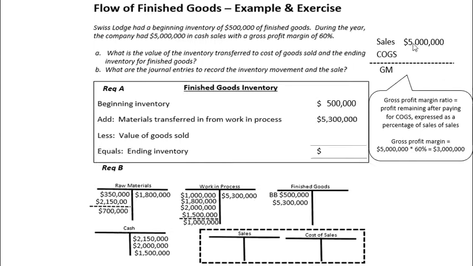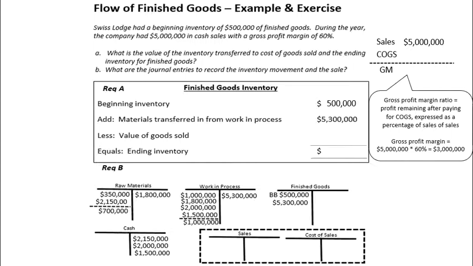So what that's saying is I have $5 million worth of sales. I subtract out my cost of goods sold, and I end up with my gross margin. And if I want to calculate my gross margin ratio, it would be that amount divided by my total sales. So with this information, I know I have $5 million worth of sales, and I know I have a 60% gross profit margin.